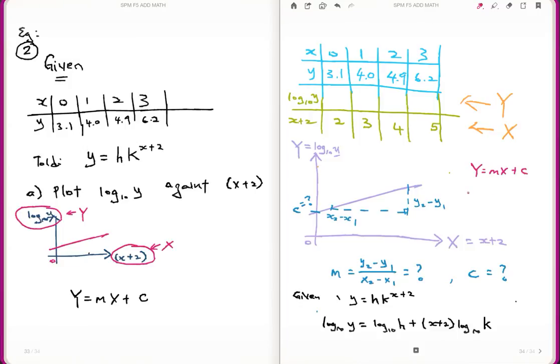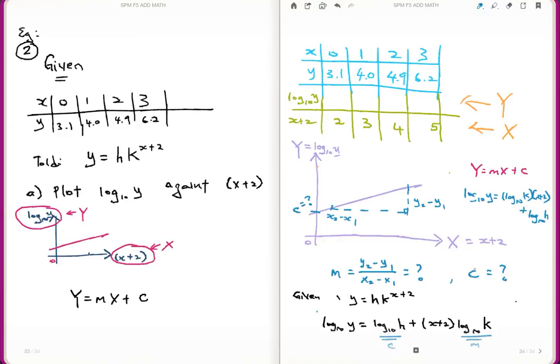So therefore, from the equation here, this is my c, this is my m. Rearranging them, you want log 10 y equals x plus 2 times log 10 k, plus my c which is log 10 h.